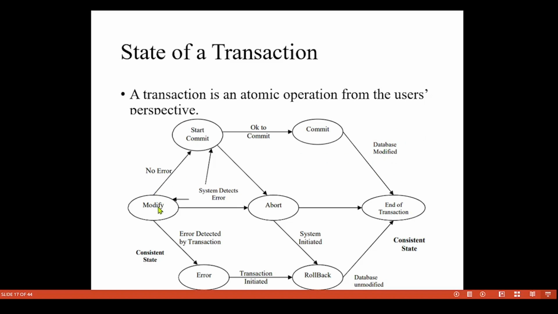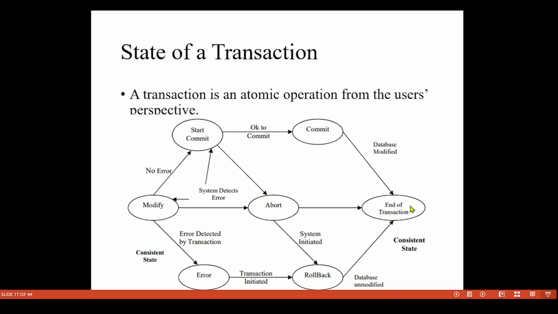The other direction: at the partial commit state, maybe some errors exist in these conditions, mostly a system error. If a system error happens, the operation goes into the abort or failed state. This is also the end of the transaction.